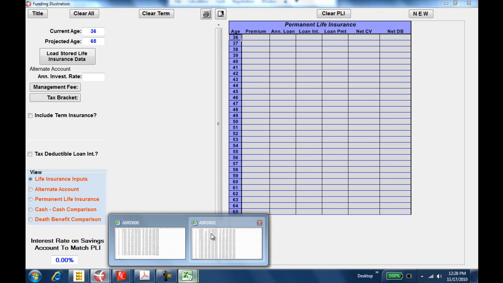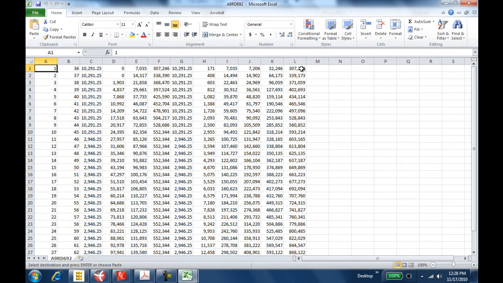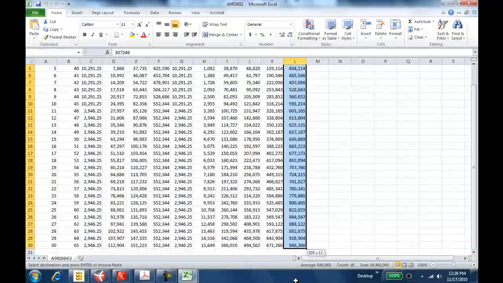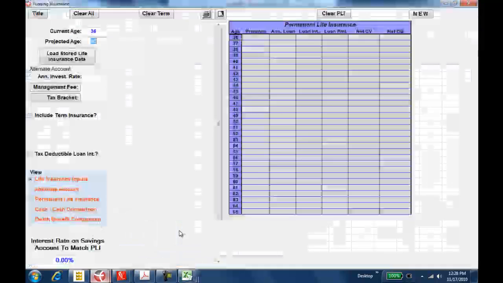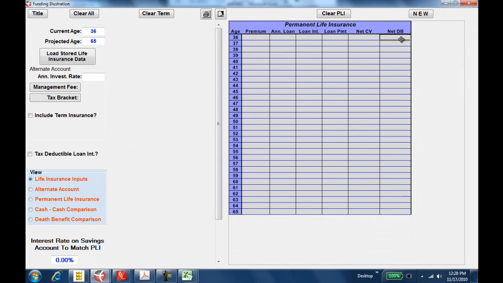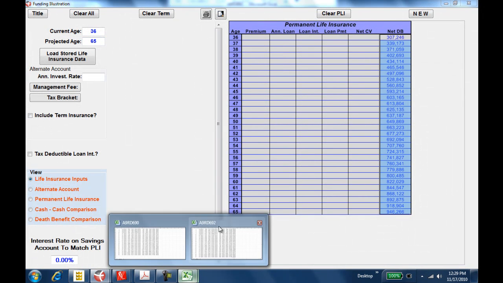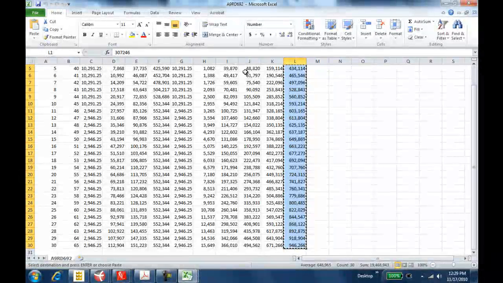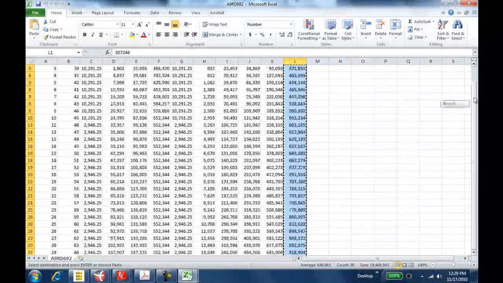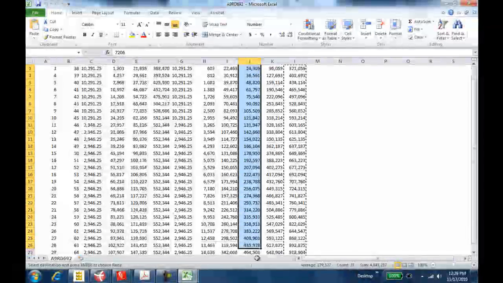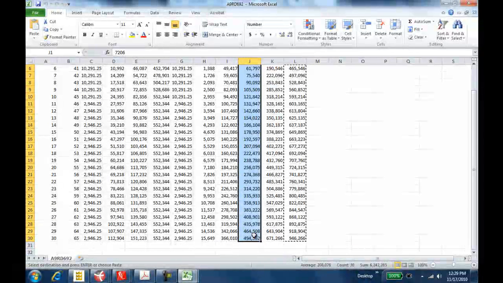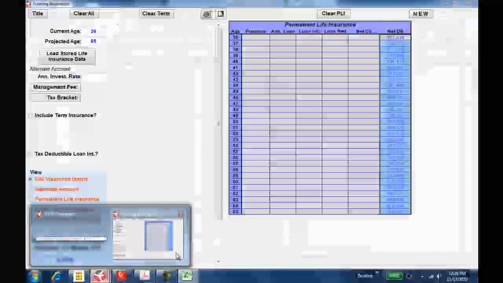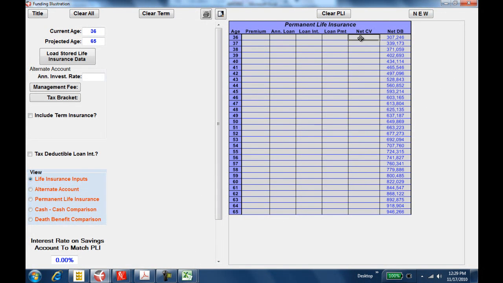So let's put in here the figures for this 35-year-old male. First I'm going to copy and paste the death benefit values. So copy and then paste. And then I'm going to copy and paste the cash value values. Copy and paste.